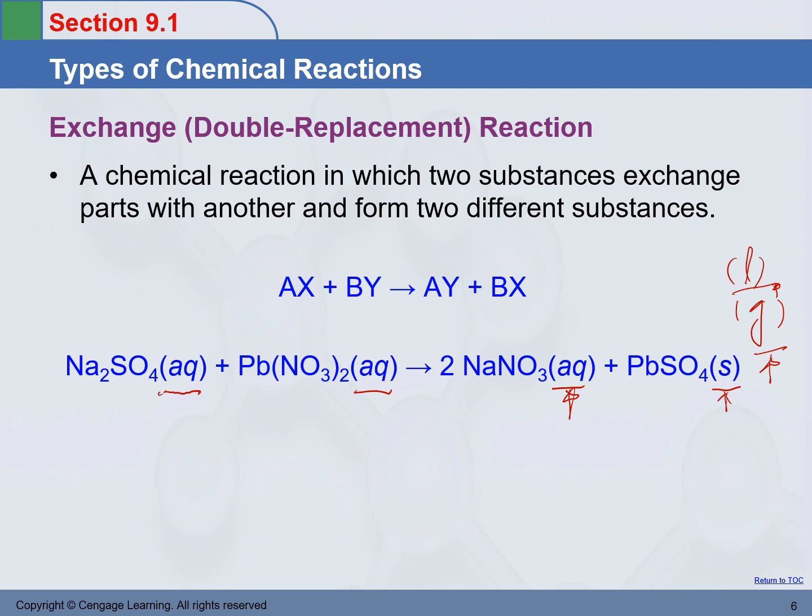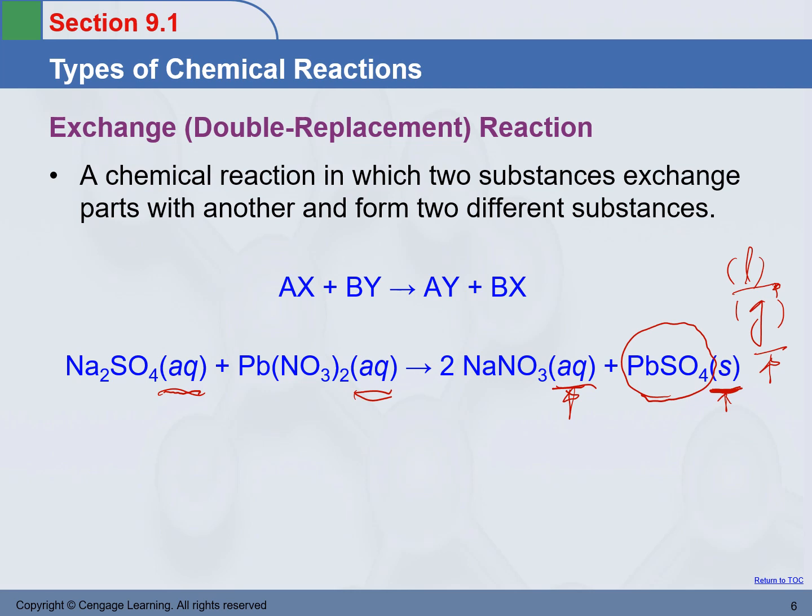And if you see (aq) and (s) labeling in the same reaction, that tells you this substance that is labeled as a solid is something insoluble in water. So that's why it is not labeled as (aq), it is labeled as (s). It is insoluble in water.